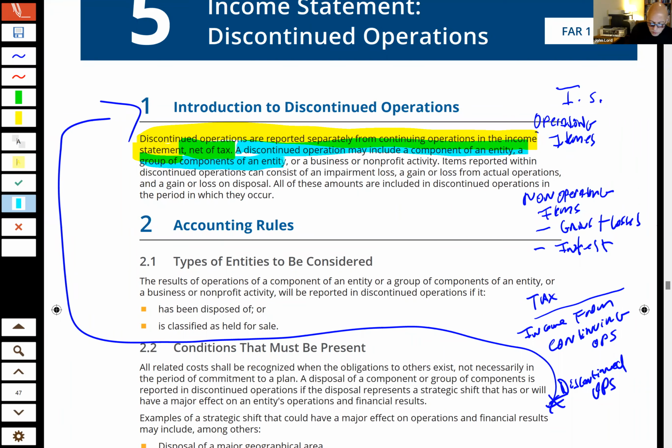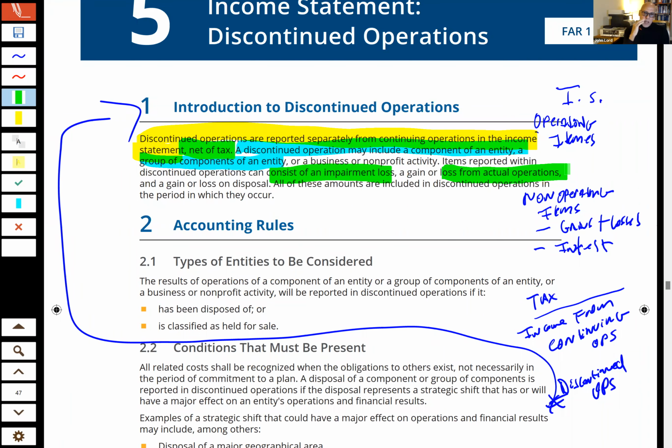Now, when we report that, it can consist of impairment loss, a gain or loss from the actual operations, but I'm just going to go ahead and call out the loss from actual operations. And the reason I'm ignoring the fact that they say gain from the actual operation, if you have a segment that is operating at a gain, are you going to get rid of it? No, you'll probably keep it going.